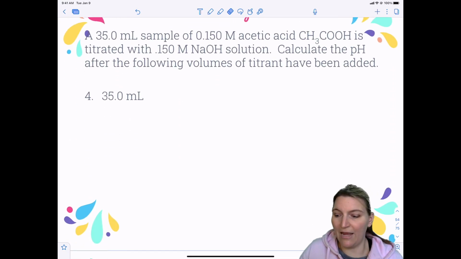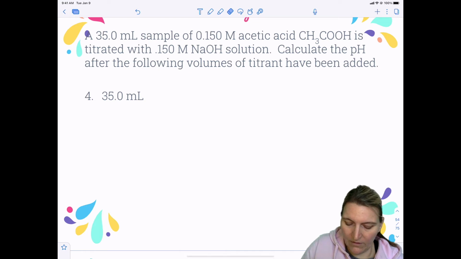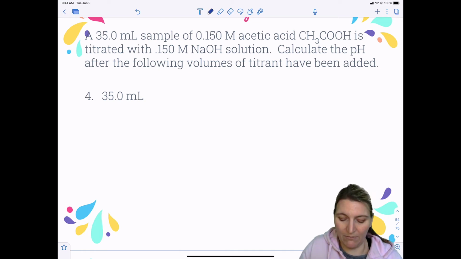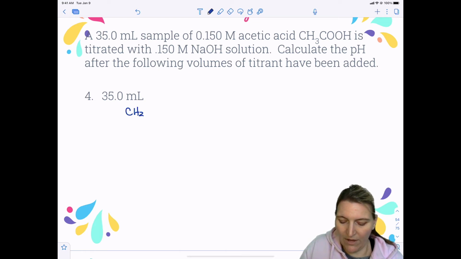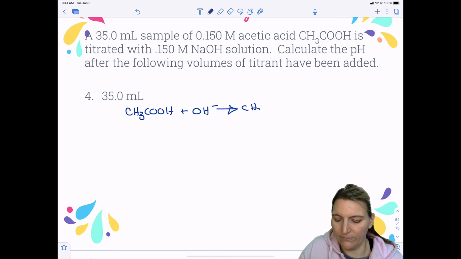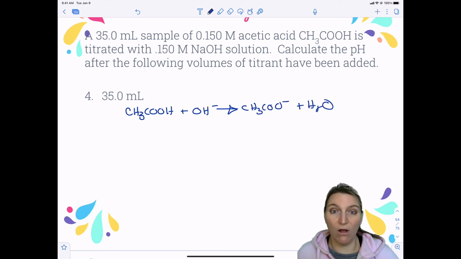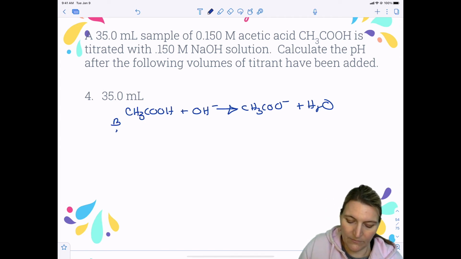Just to do the same thing every time, this is the reaction that's going on. The strong base, the OH minus, is reacting with the weak acid.